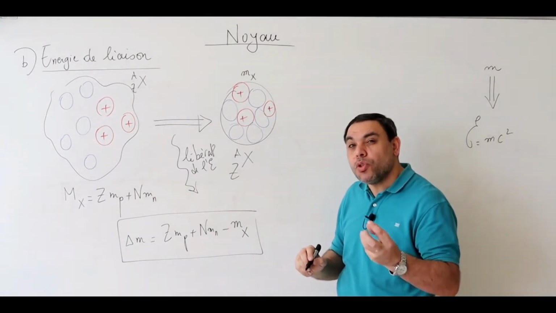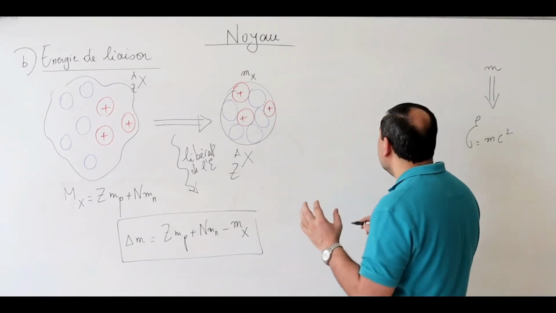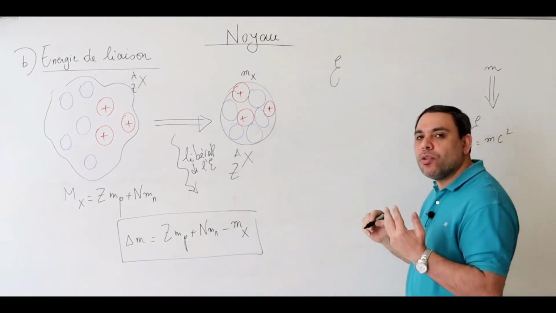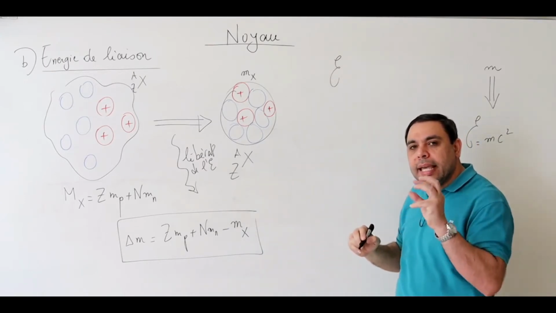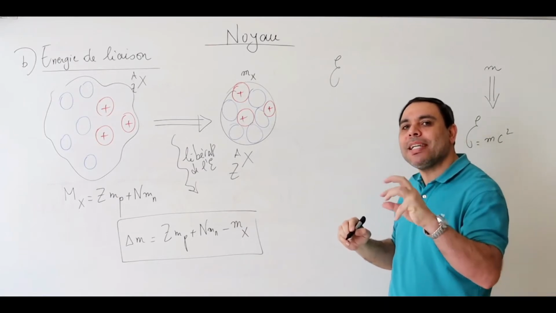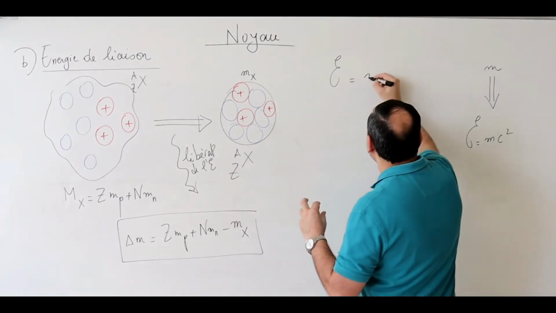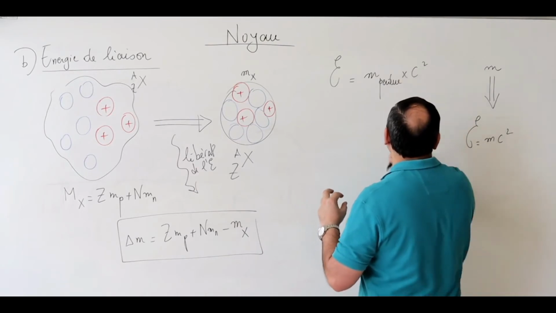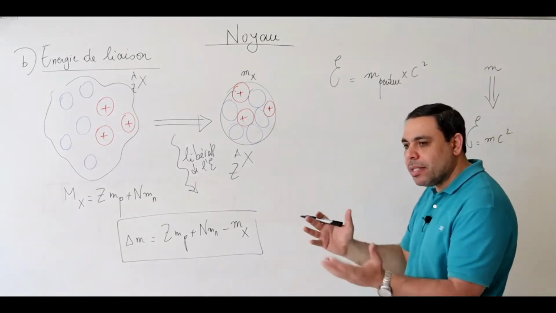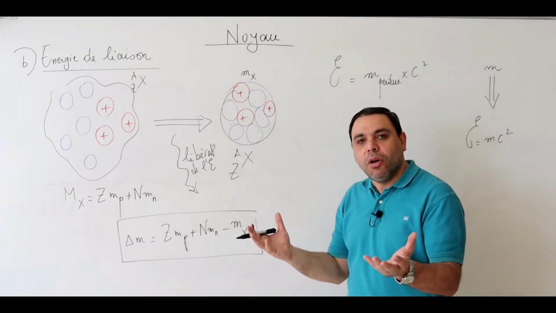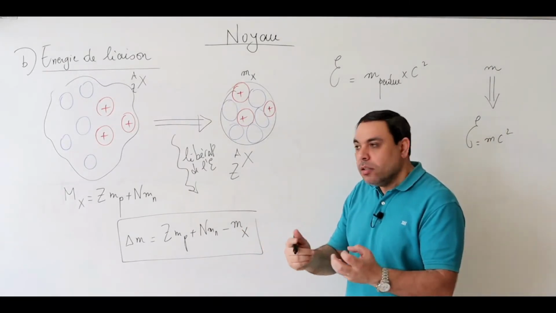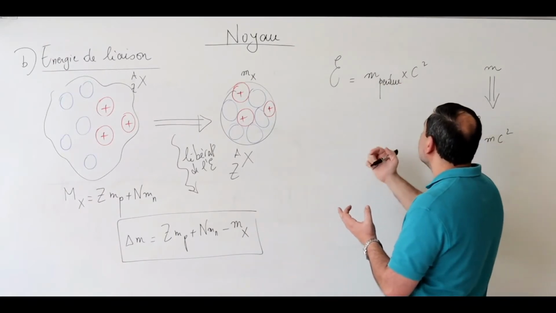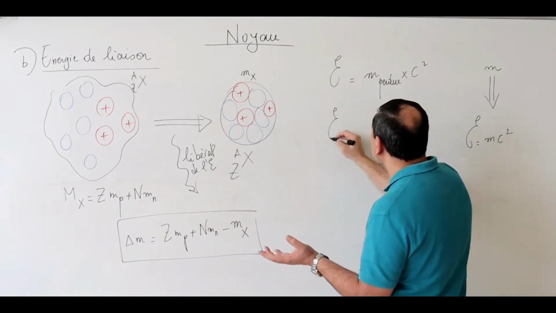This energy is equal to the lost mass. So the lost mass will transform into energy. The energy liberated during the formation of a nucleus is equivalent to the energy of the lost mass, that is to say, the lost mass multiplied by c squared. The energy of the mass is m times c squared. Hence, the energy of the lost mass equals the lost mass multiplied by c squared.